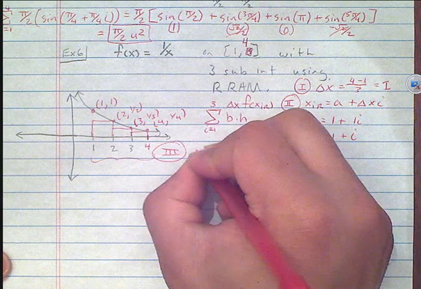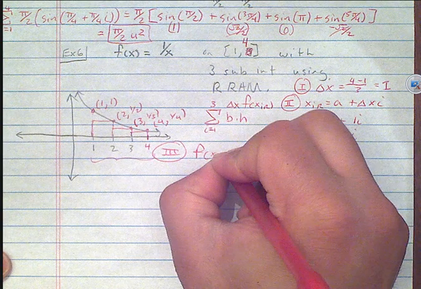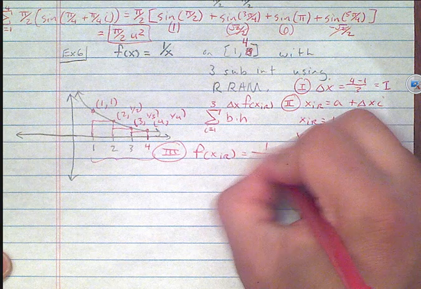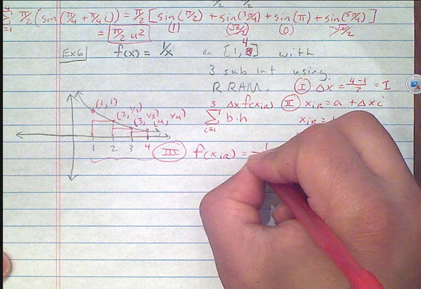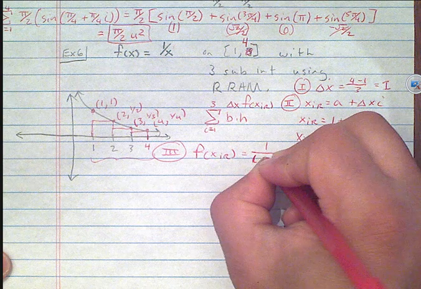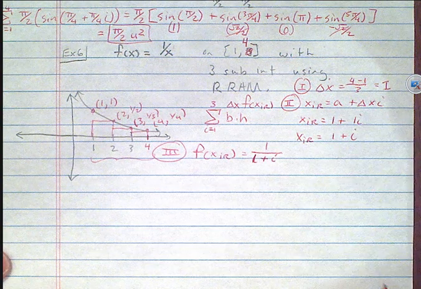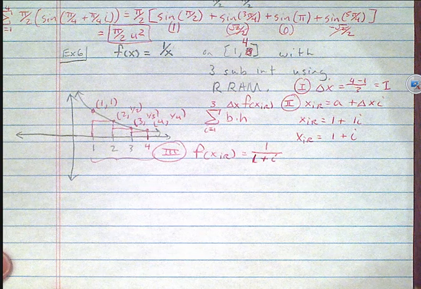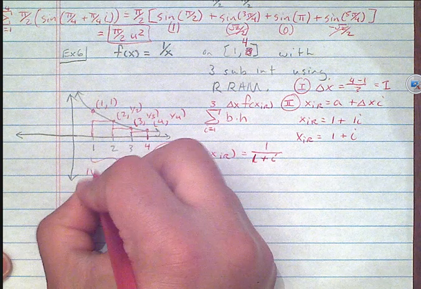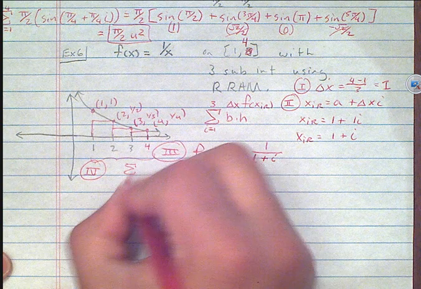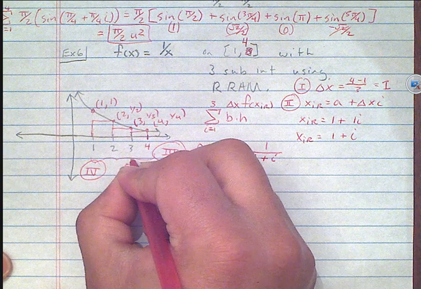f of x of i_R equals plug in 1 plus i for x. Ba-boom. So now we use our formula. Step 4, summation. i equals 1 to 3. We're adding 3 things.